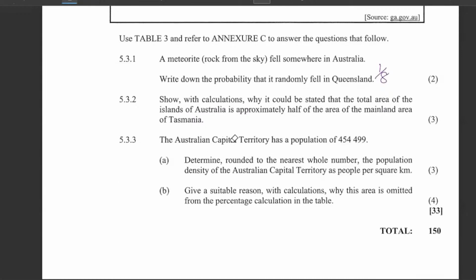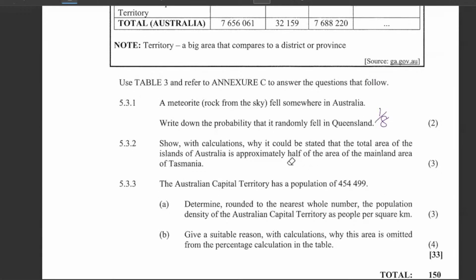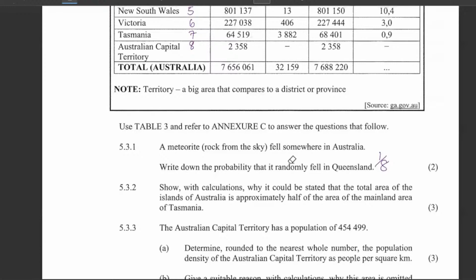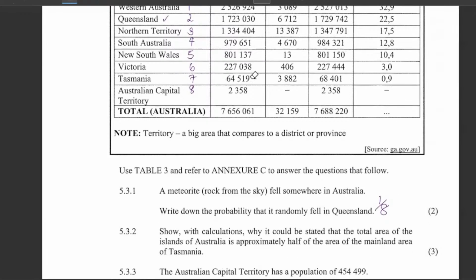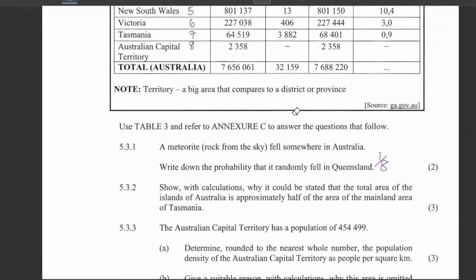So 5.3.2, show with calculations why it could be stated that the total area of the islands of Australia is approximately half the area of the mainland area of Tasmania. So we shall come here and say approximately half. What's Tasmania there? It has this much. So we shall say, this is it.